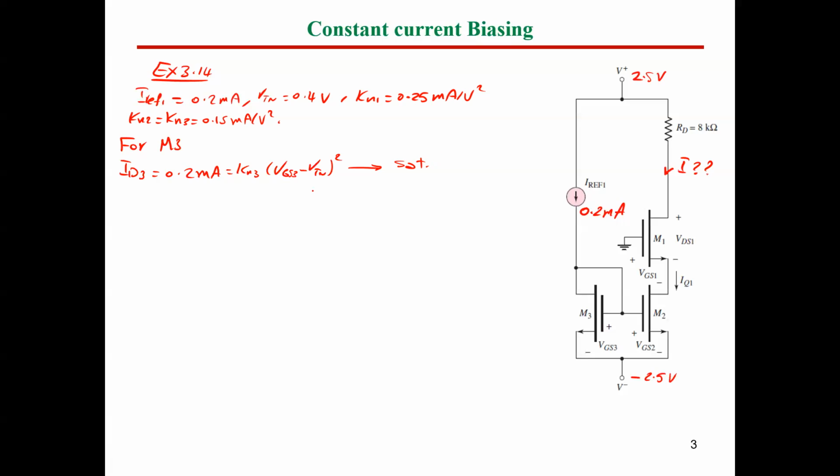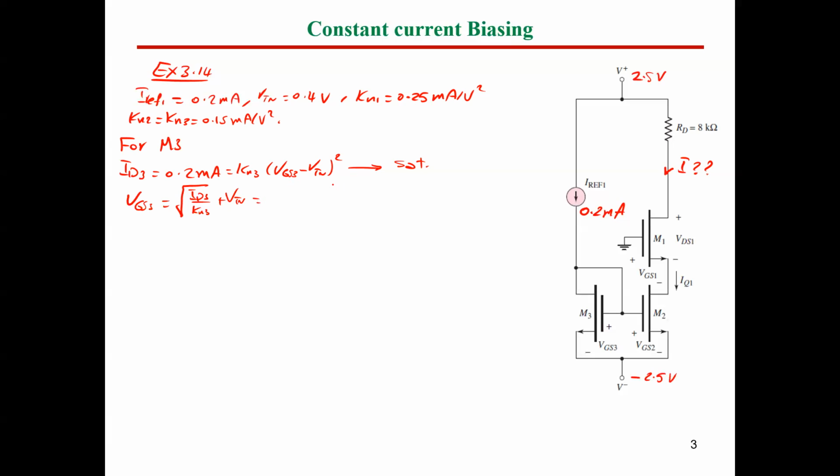In this case, let's substitute in the relation and get our values. From this relation, we can say VGS equals square root of ID3 divided by Kn3, plus the threshold voltage.